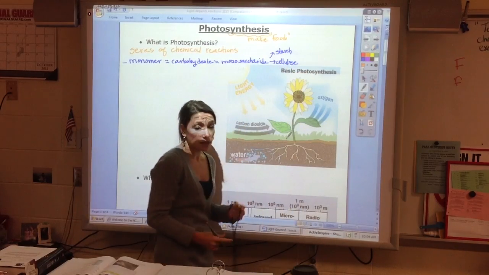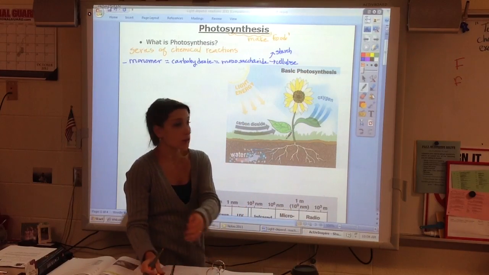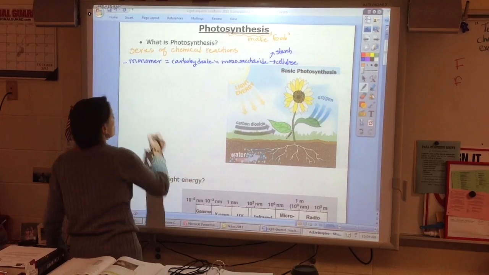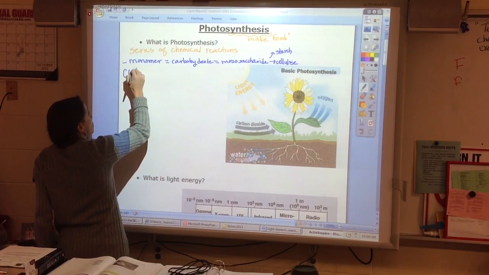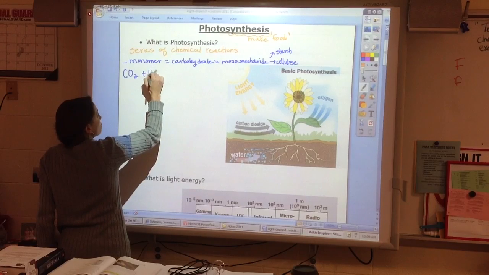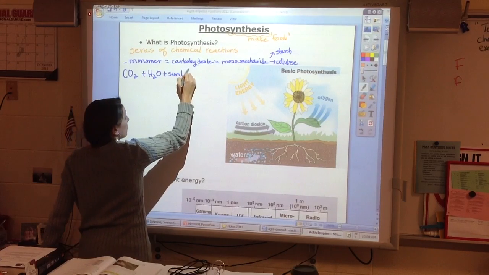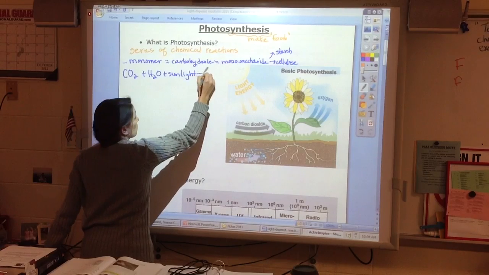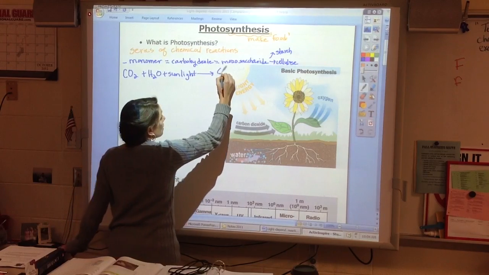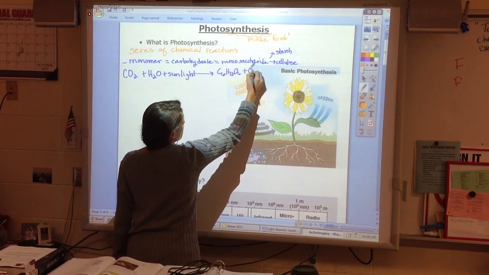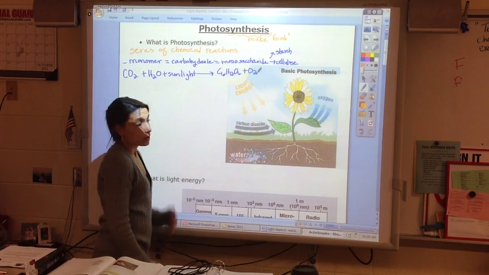Really, a plant is built of carbohydrates. And so the equation that you're commonly used to seeing is CO2 plus H2O plus sunlight creates C6, there's our carb, H12O6, plus O2.